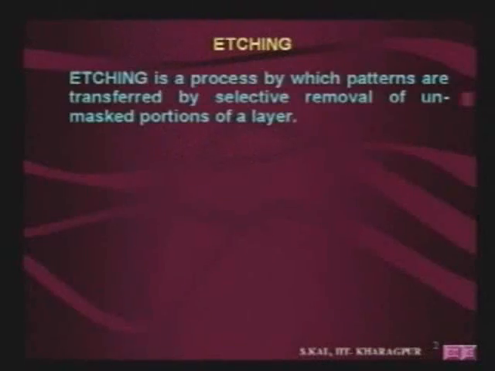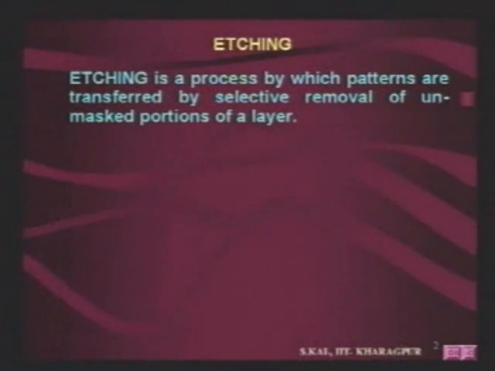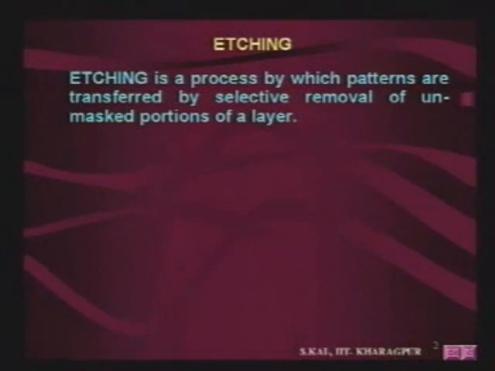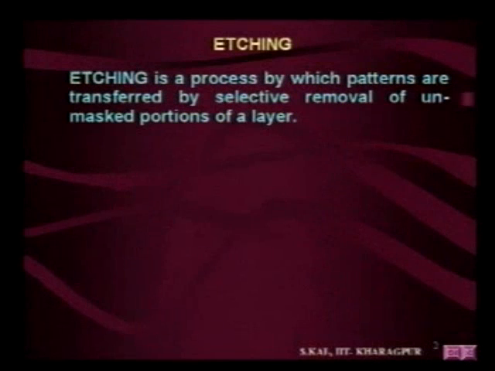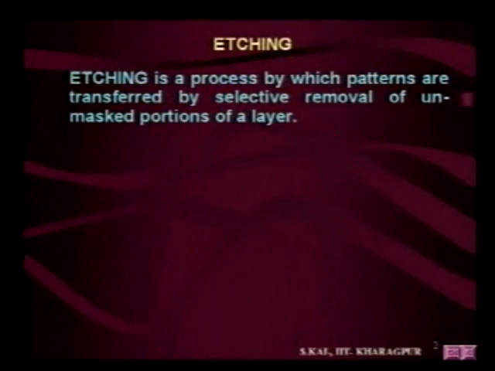The etching is a process by which patterns are transferred by selective removal of unmasked portions of a layer. By lithography, we covered some of the areas on the substrate or on film, and some of the areas are directly exposed to etching solutions.